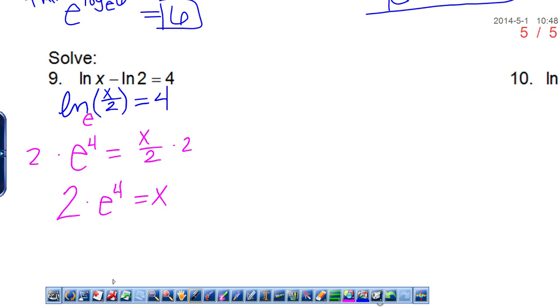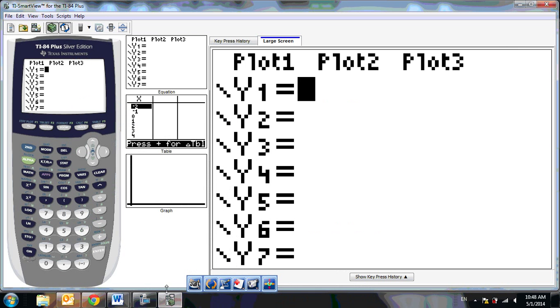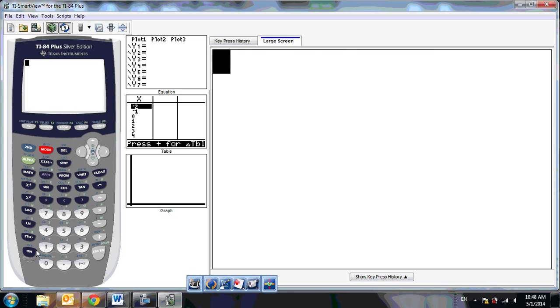So, on your calculator, there is an e to the x button. It is right above natural log, and it's in blue. Do y'all see that? If you do second natural log, it gives you e raised to a power.